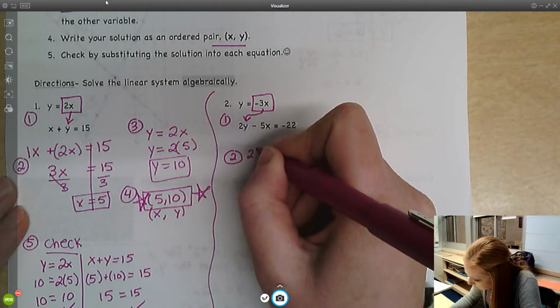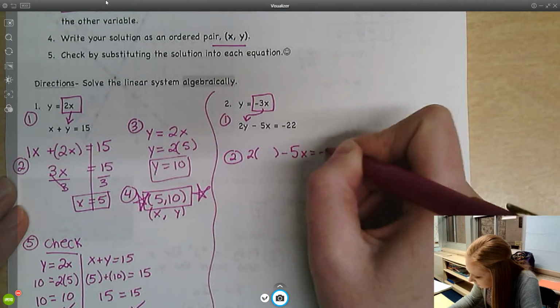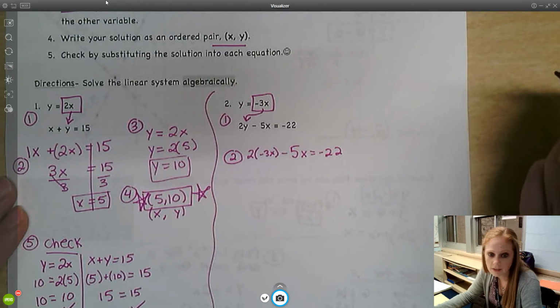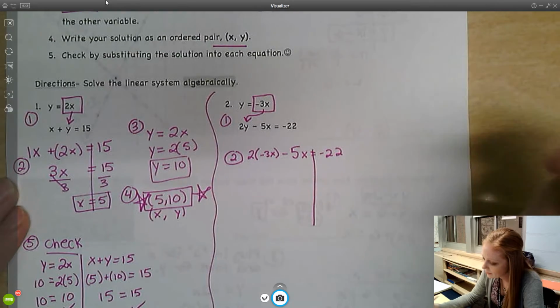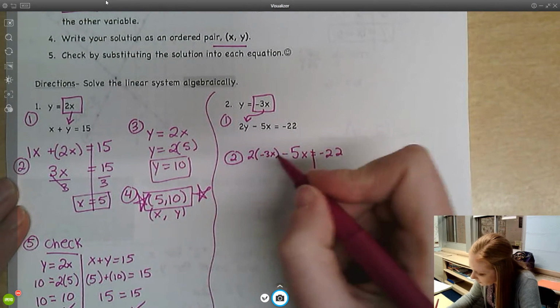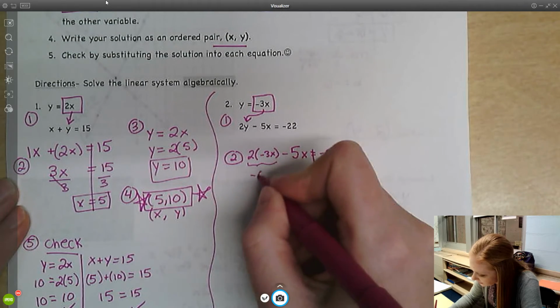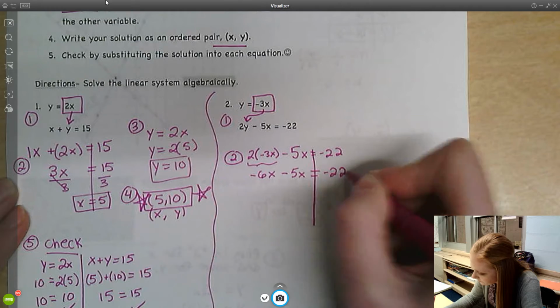So 2 times y minus 5x equals negative 22. Well, we said that y was negative 3x, so let's plug that in. Now we can solve. I'm going to draw my line down my equal sign. Well, we need to multiply this first. So 2 times negative 3x is negative 6x minus 5x equals negative 22.